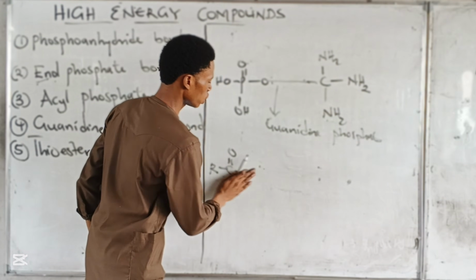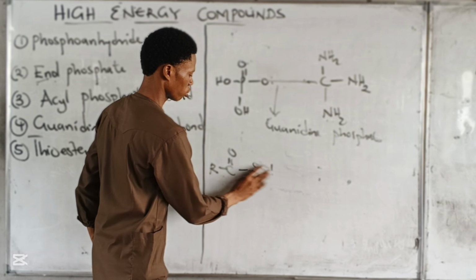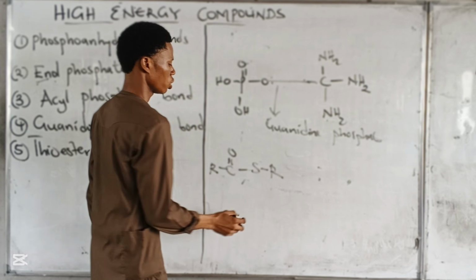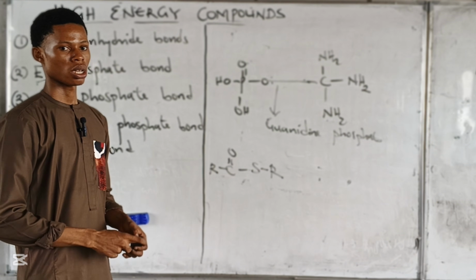So if OH takes H, what we will be left with is this. This is the thioester bond.